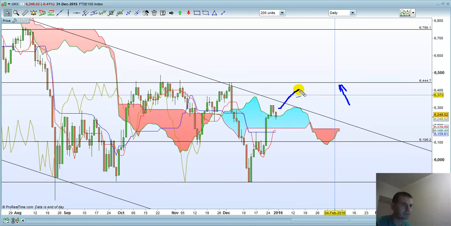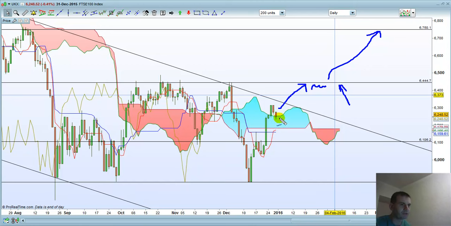So price can go here, and then if it breaks this level, I think after short consolidation it also can go to this level.